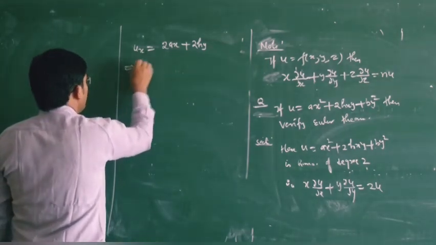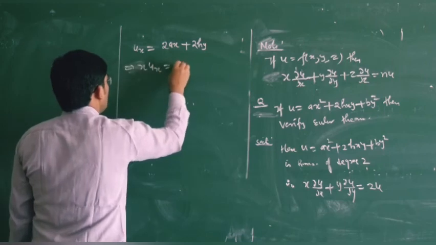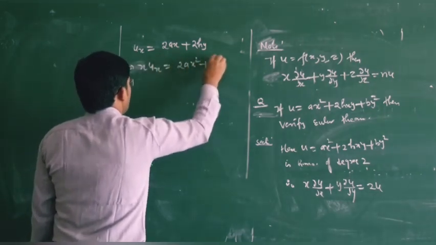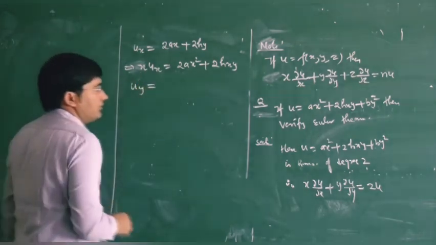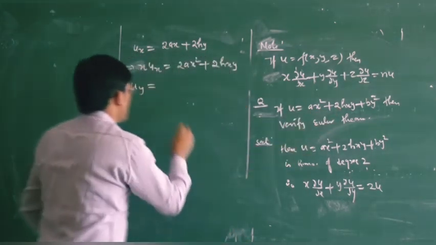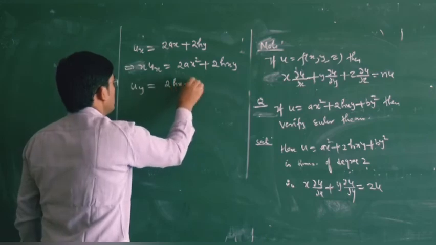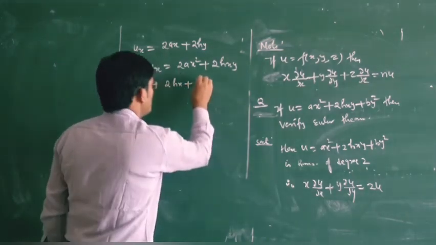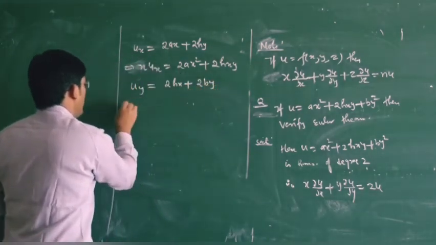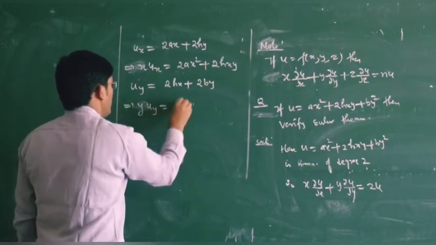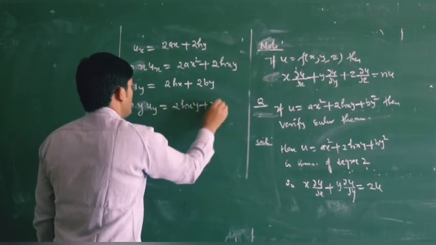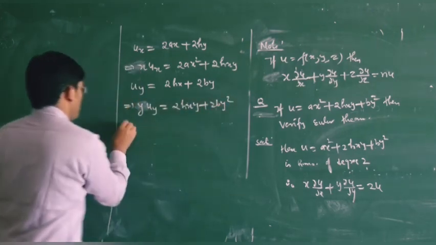So x ∂u/∂x will be 2ax² + 2hxy, and ∂u/∂y, differentiating with respect to y, will be 2hx + 2by, and y ∂u/∂y is 2hxy + 2by².